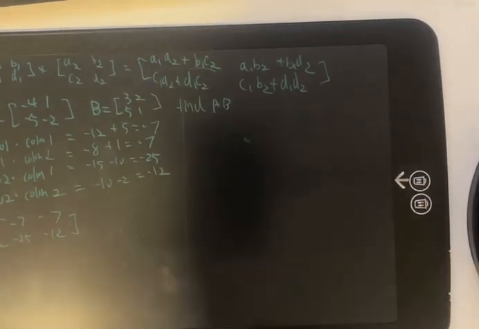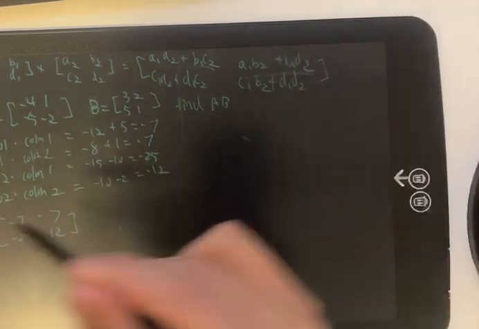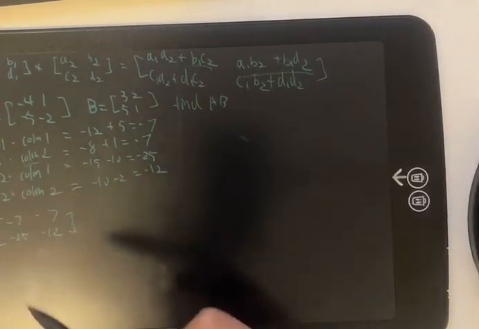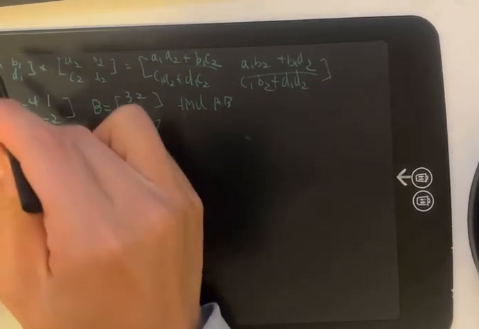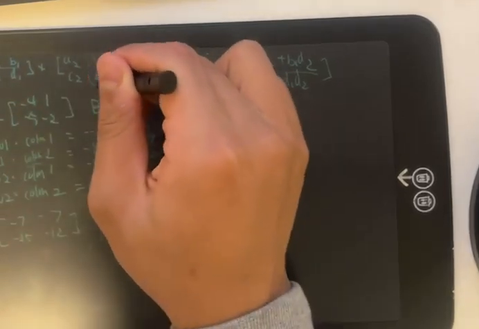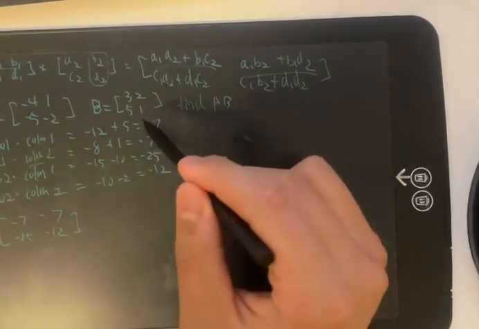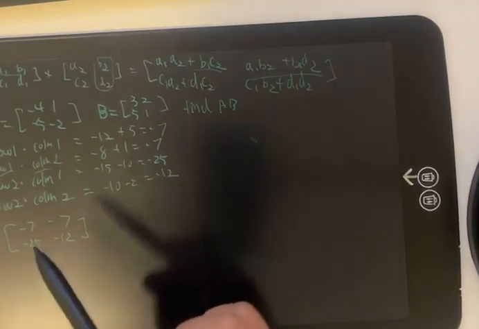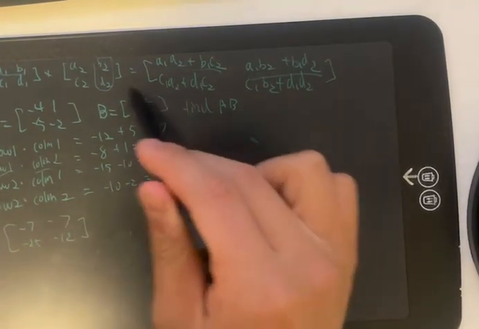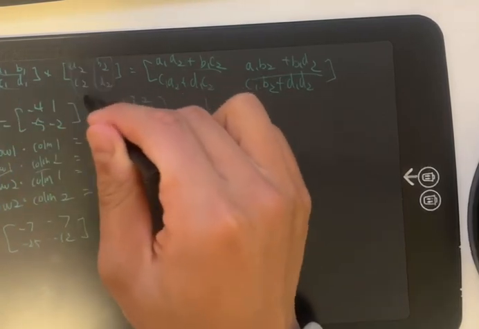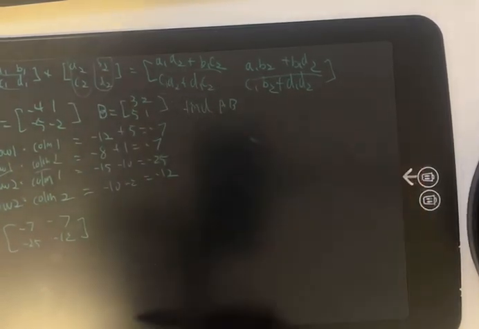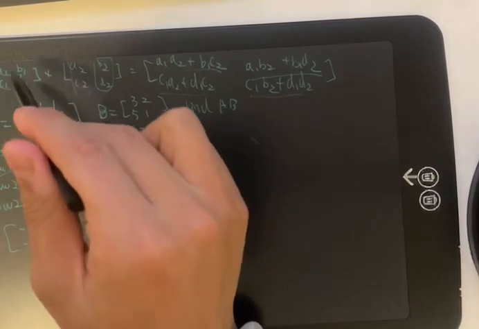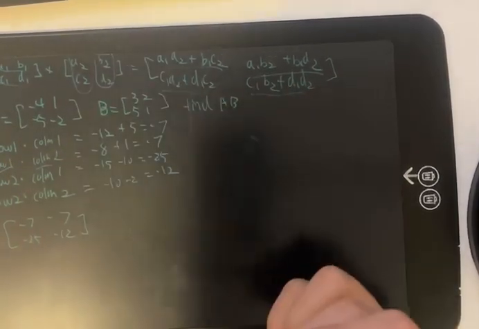And then the second number, which is the number right here, is row 1 times column 2. So it would be this times this. And then for the second row of the final matrix, you use row 2 times column 1, and you get this number. And then this number is row 2 times column 2.